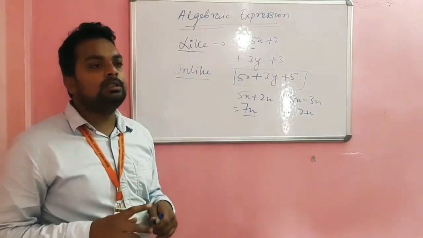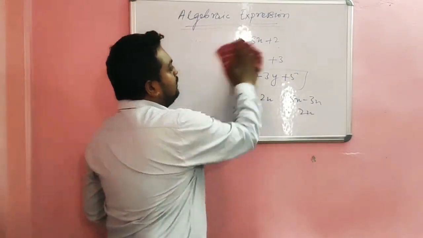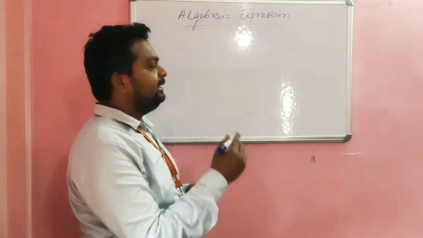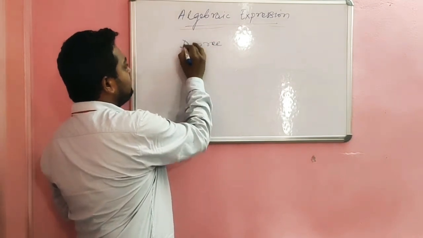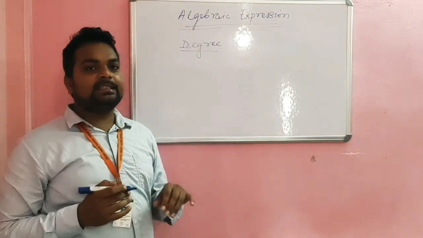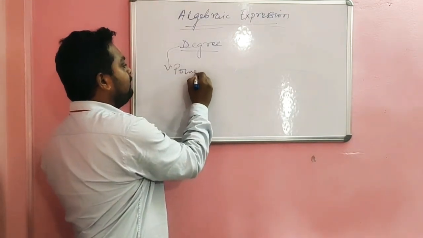And now the next thing that is very important in an algebraic expression is the degree. Degree is very important to understand and to deal with the algebraic expression. So what is degree? Degree is actually the power. Power of what?